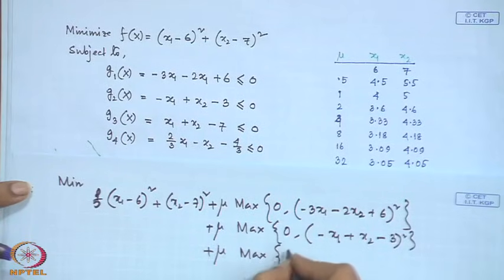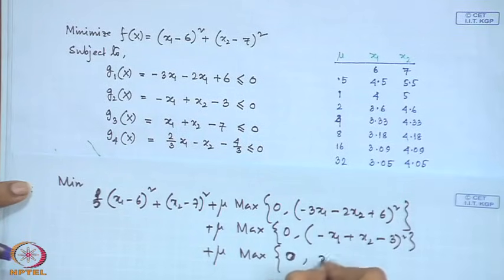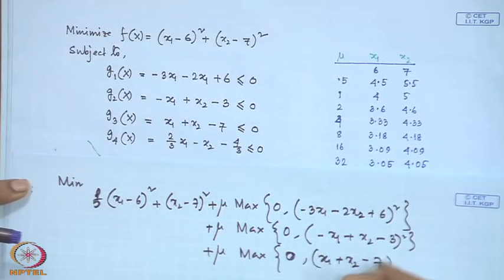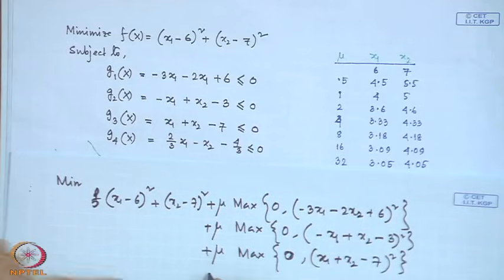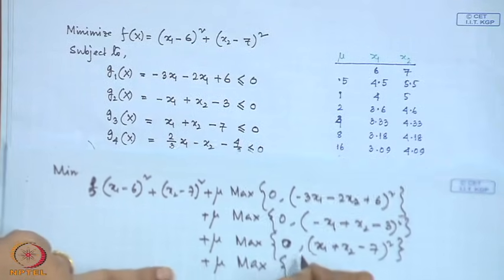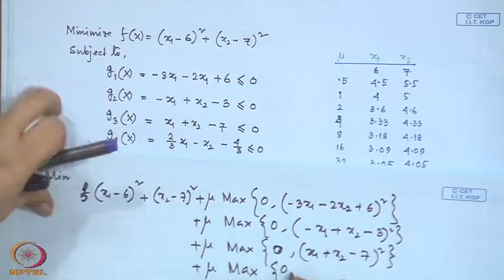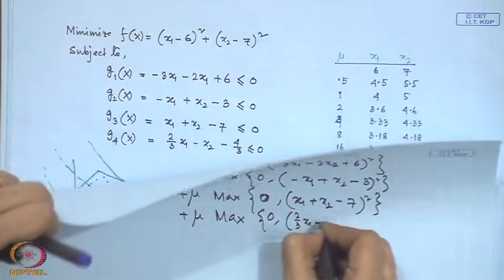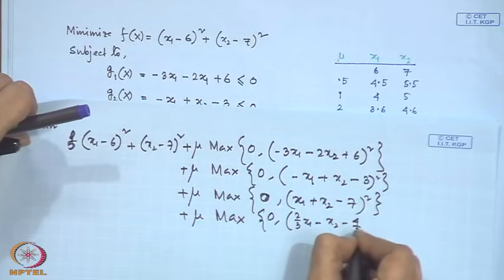Just to see, that would be 0, 2 by 3 x1 minus x2 minus 4 by 3.